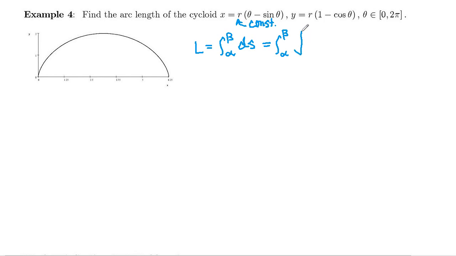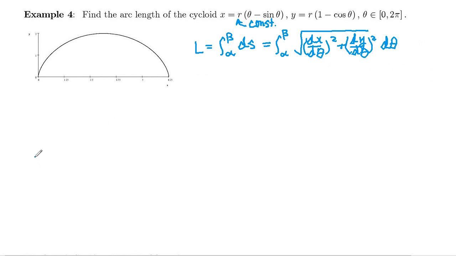And then it's going to be the square root of (dx d theta) squared plus (dy d theta) squared, and then d theta. So theta is our parameter instead of t. Let's now simplify this piece as much as we can.